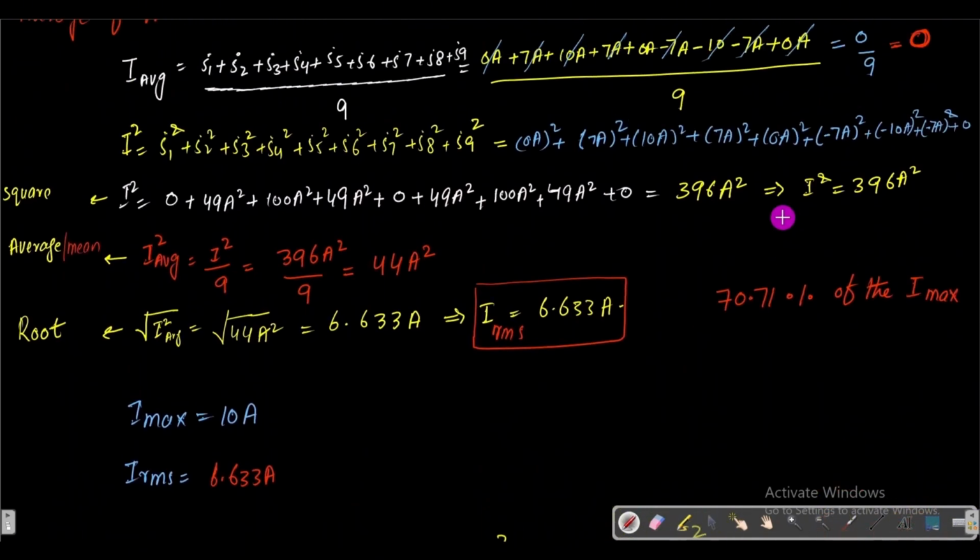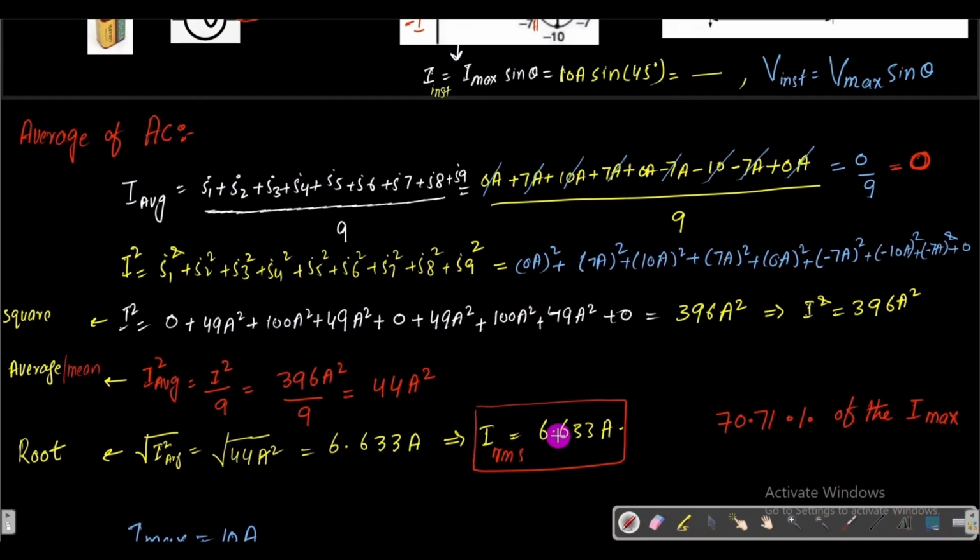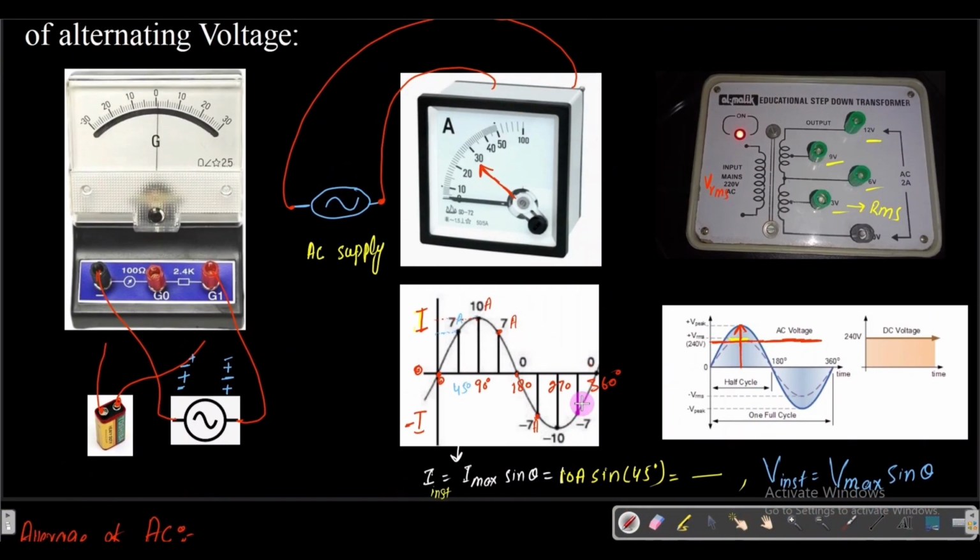So here we find the RMS value, which is 6.33, which is actually 70.7% of the I maximum, and the I maximum is 10 ampere. So 70.7% of this 10 ampere is up to here.